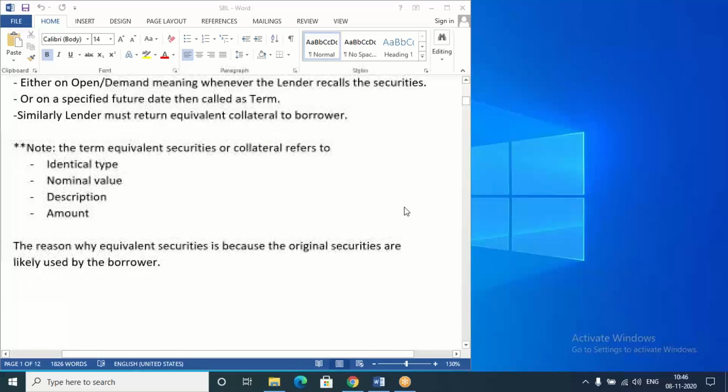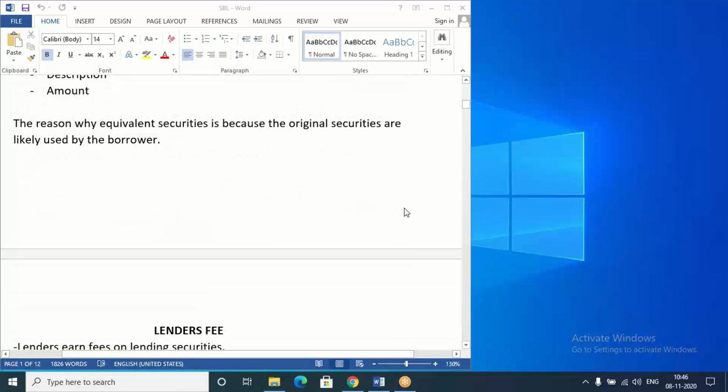Okay. So the next thing we're going to discuss, we talked about the basics now. What is stock borrow lending? We said that lenders who have securities loan out their stocks to the borrowers. The borrowers give collateral in return, and the collateral is to protect the lender if the borrower defaults. But what else does the lender get in return?